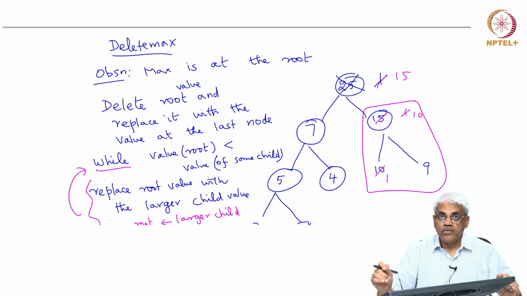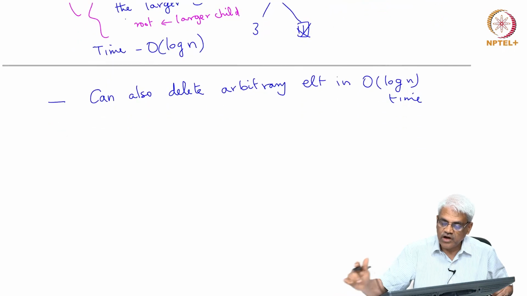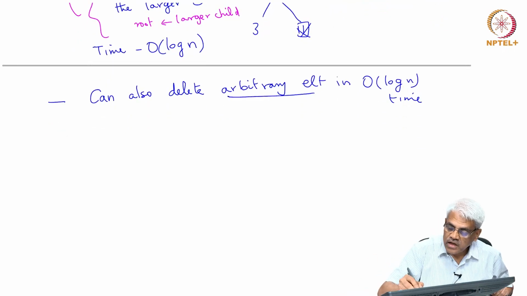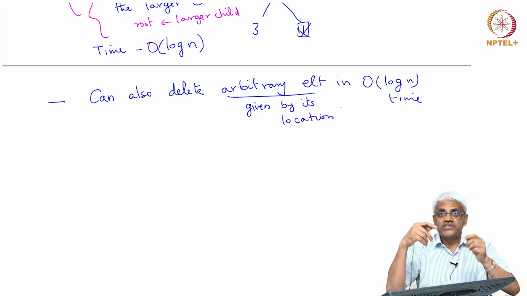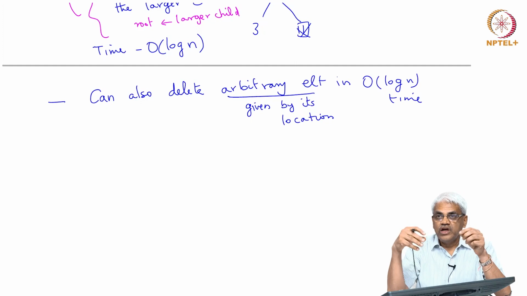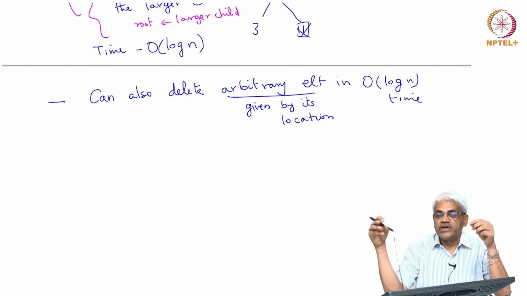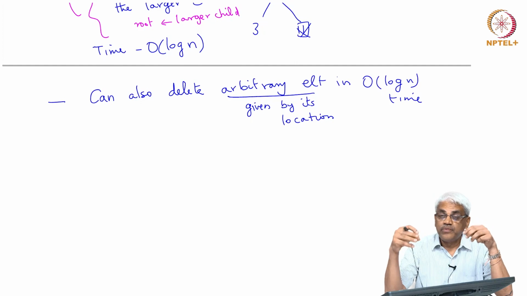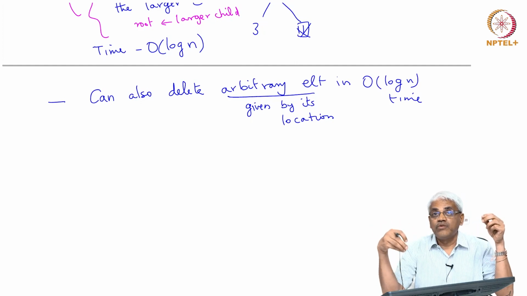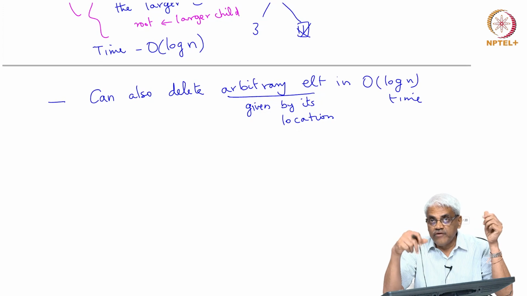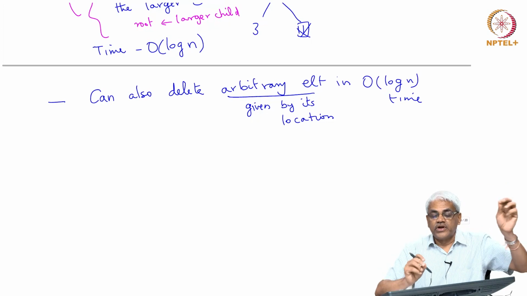I'll tell you more about it later, but you have to tell me where the element is. So delete an arbitrary element given by its location, then it's easy to do it in log n time. Once that element is removed, you take the last element in the array and put it in that place. You may have to check with its parent or its children and do this trickling up or down kind of a thing.